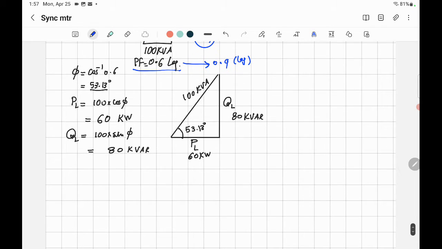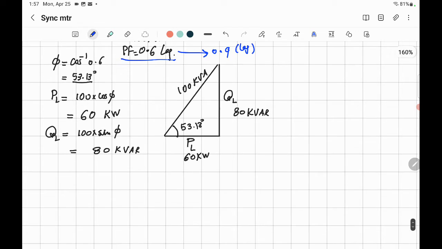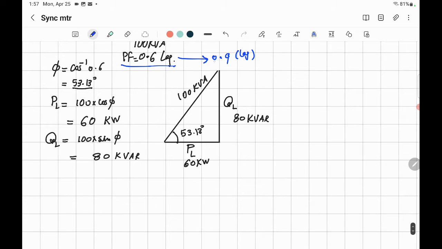What does it mean? It means if this is the load before connecting the synchronous motor and you want to improve it to 0.9, you are going to decrease QL. So let's just make it bigger here. So you look for 0.9, what's the angle here?